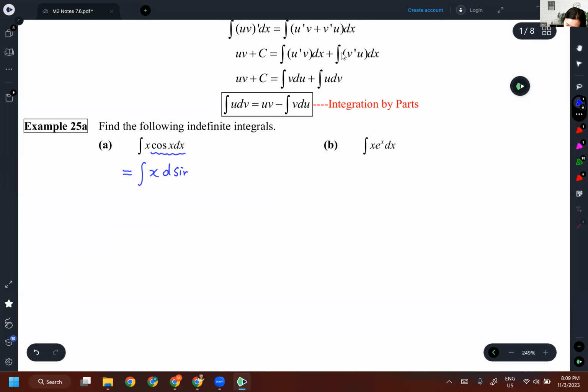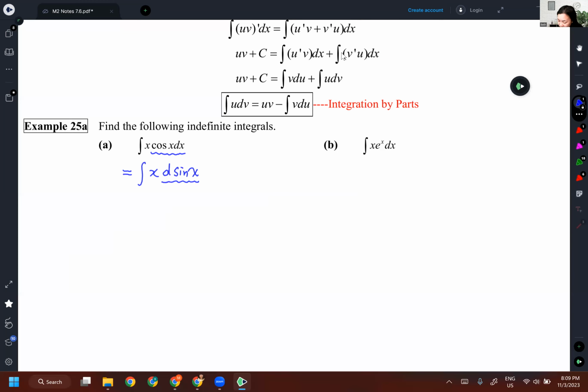This step is called integration by parts because part of the function is being integrated. Cosine x dx is now replaced by d sine x. That is the by part.